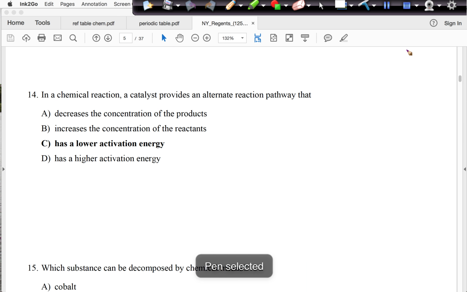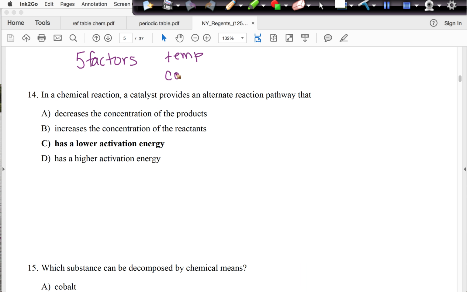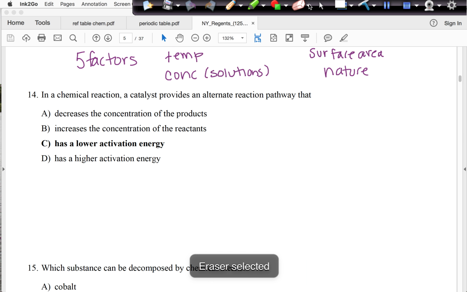Remember, we said that there are 5 factors that affect the rate of reaction, and those 5 factors are temperature, concentration, remember that's only for solutions, surface area, nature, and presence or absence of a catalyst.